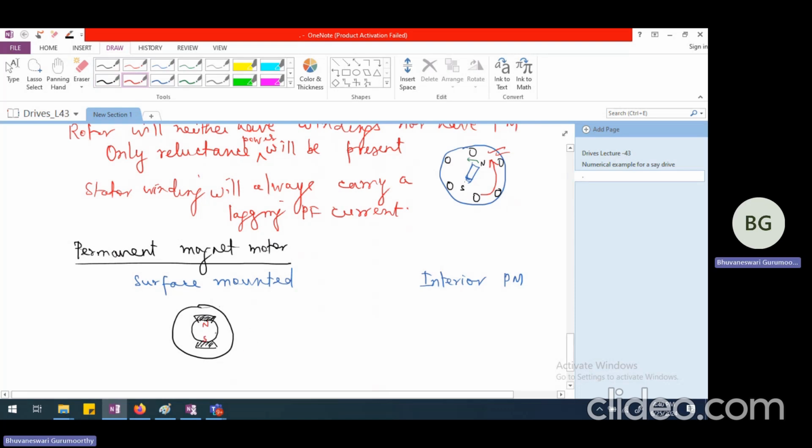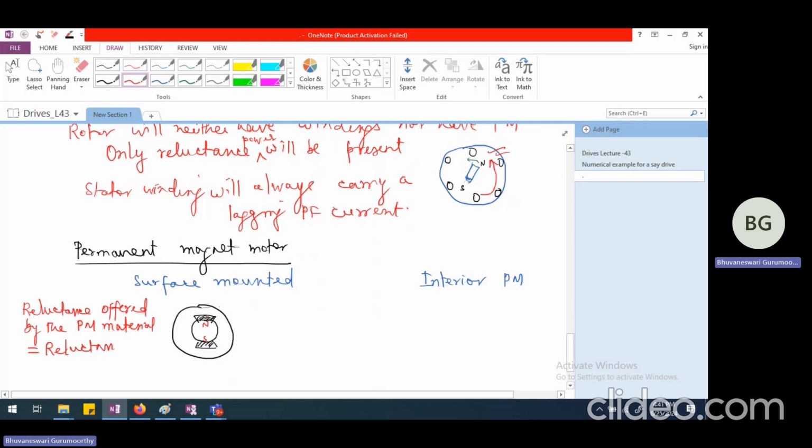And nature is quite strange. This permanent magnet actually is the source of flux. But if you look at the internal reluctance offered by the permanent magnet material, it is generally equal to the reluctance of air.